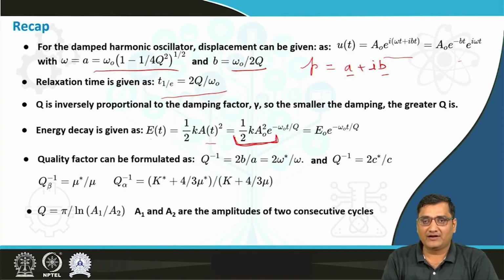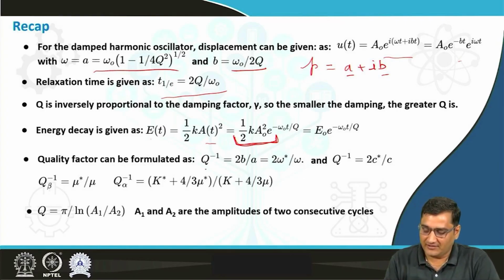And the quality factor for the attenuation can be formulated as Q inverse. Q inverse is considered because it is directly related to the reduction in amplitude. So if the Q inverse value is lesser, that means attenuation is lesser. Q inverse is equal to 2c star by c, and the attenuation for the shear wave velocity in terms of quality factor inverse is mu star by mu, where mu is the shear modulus.